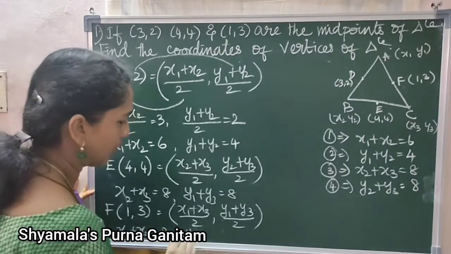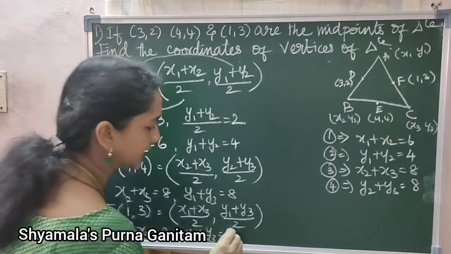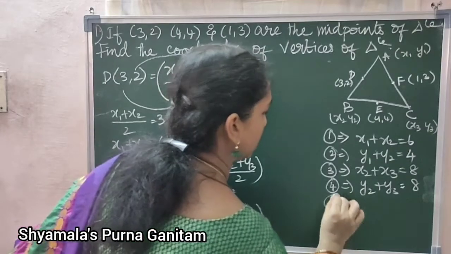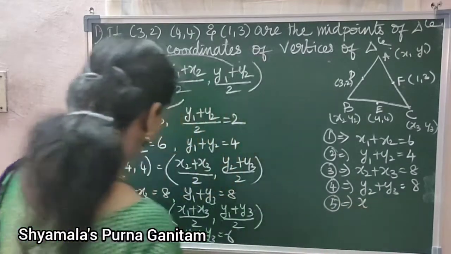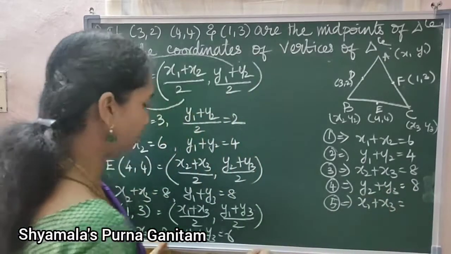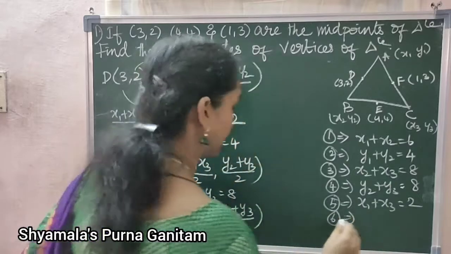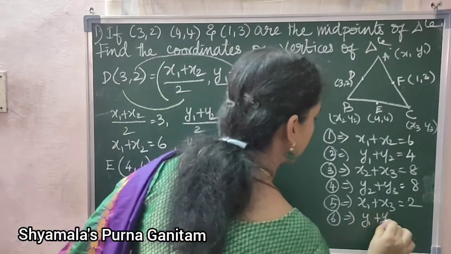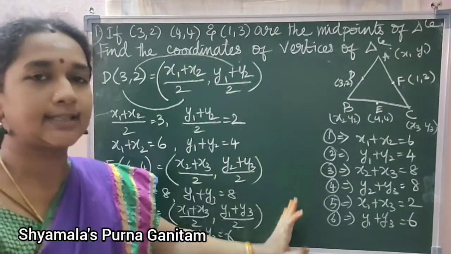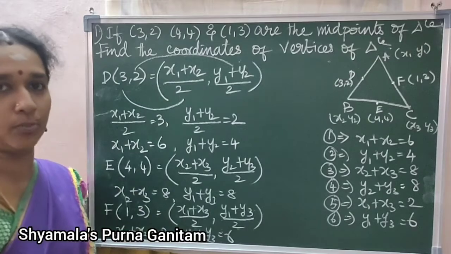Then y1 plus y3 is equal to 3 2s are 6. This is the fifth equation: x1 plus x3 is equal to 2. And the sixth equation is y1 plus y3 is equal to 6. So these are all the six equations when I equate using the midpoint formula.